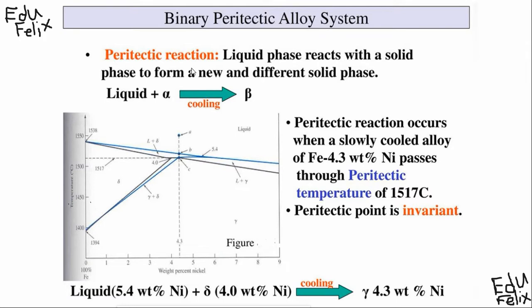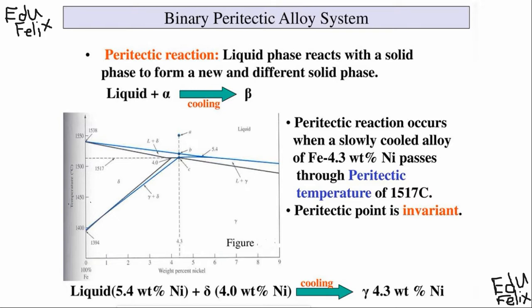So a peritectic reaction means a liquid phase reacts with a solid phase to form a new, different solid phase. After both solidify, a liquid remains, and that liquid phase will react with the solid. So you have solid plus liquid in between the liquid phase and the solid phase.